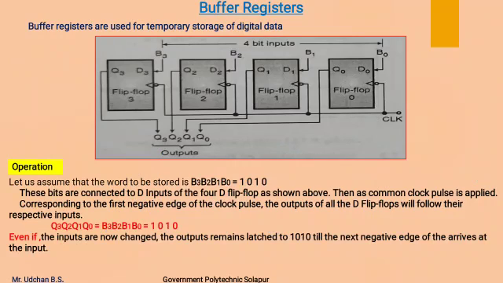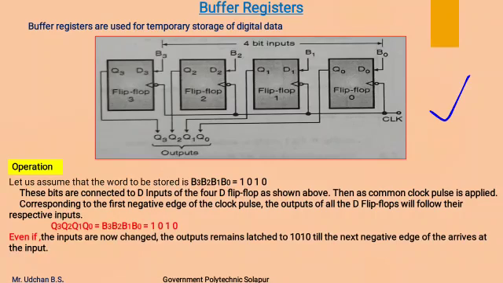Buffer registers are used for temporary storage of data. This is the buffer register, which consists of 4 D flip-flops to store 4 bits of data. Each bit is given as an input to the D input of each flip-flop.